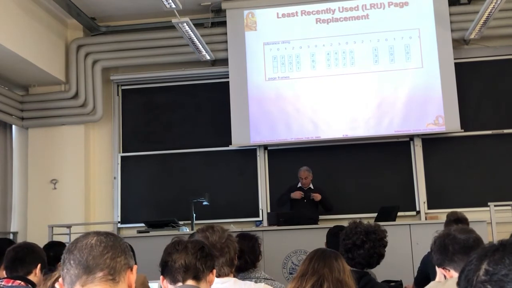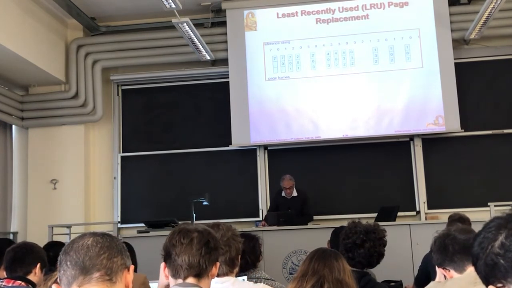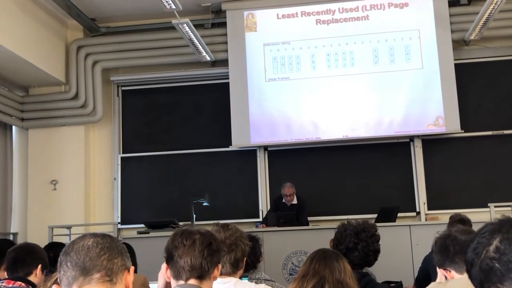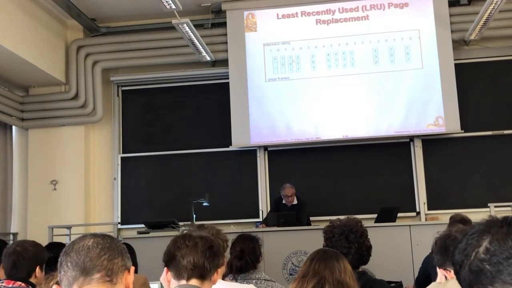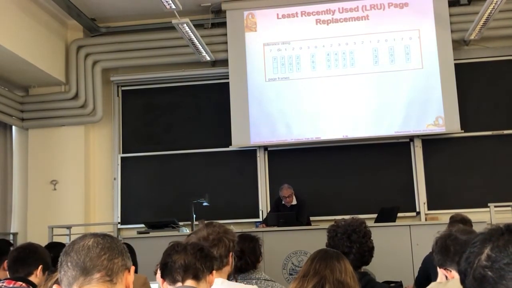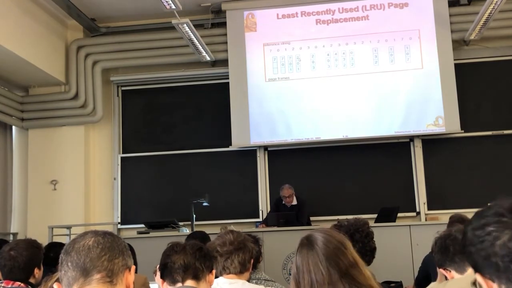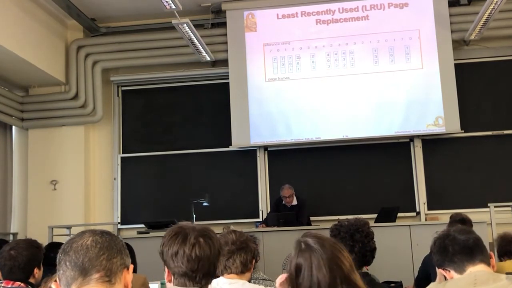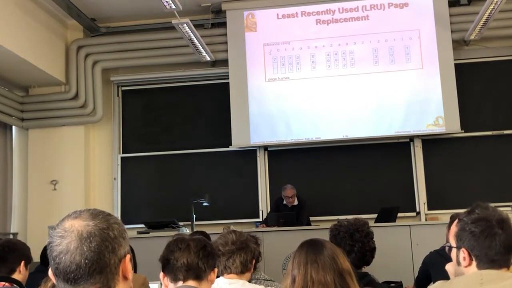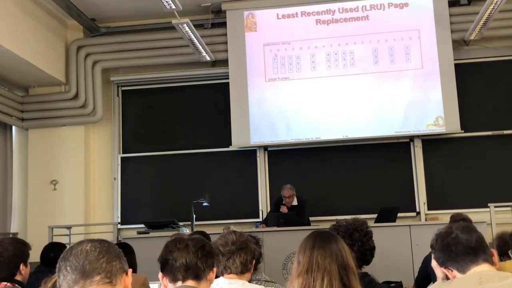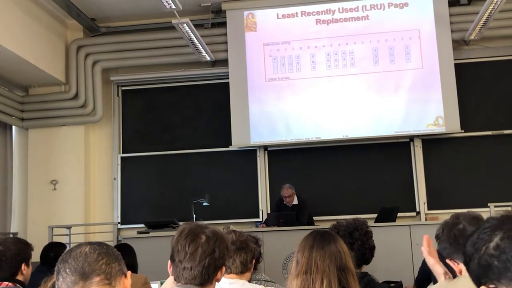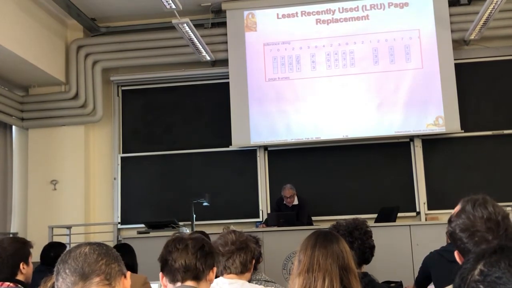This seems quite simple. So in this case, we have 7, 0, and 1 that give a page fault. Then there is a page fault, and since 0 and 1 have been referred in a near past with respect to 7, 7 is the victim.